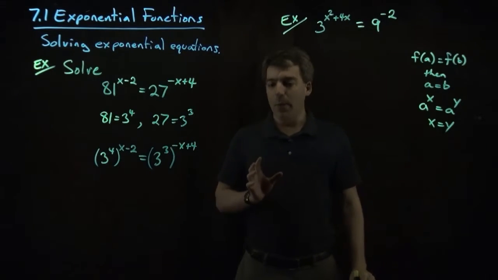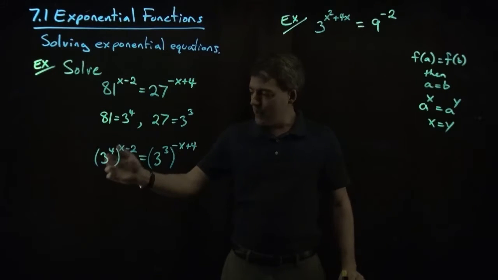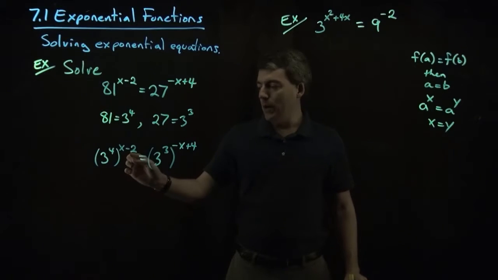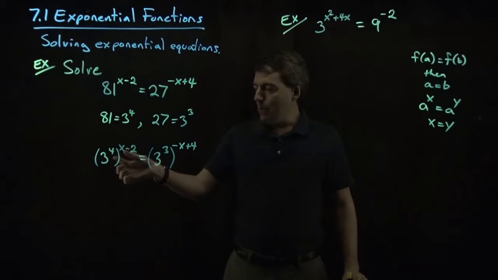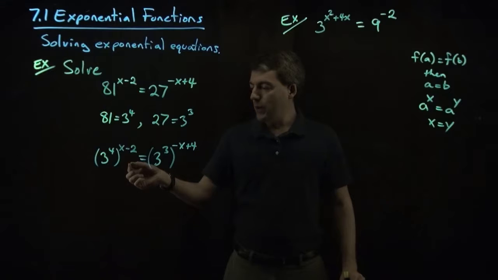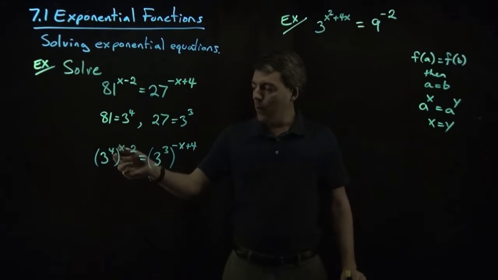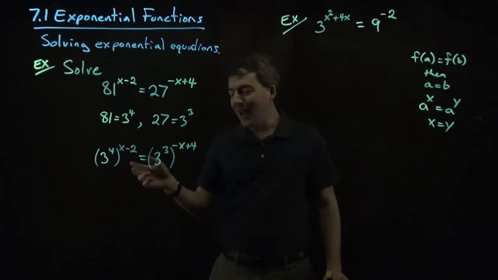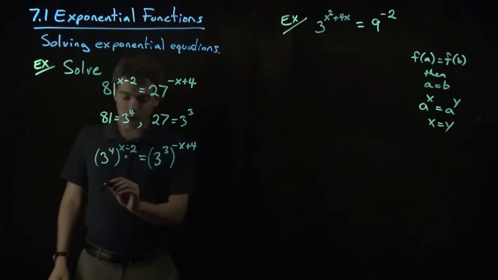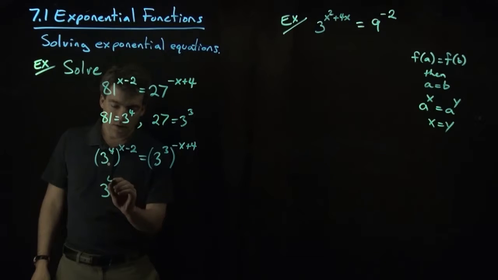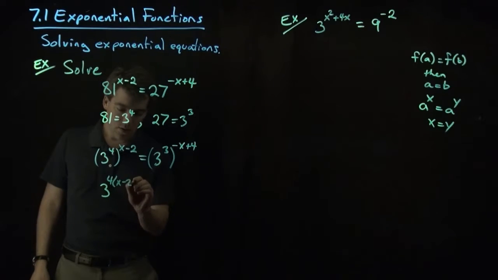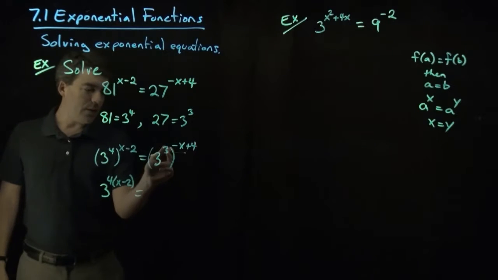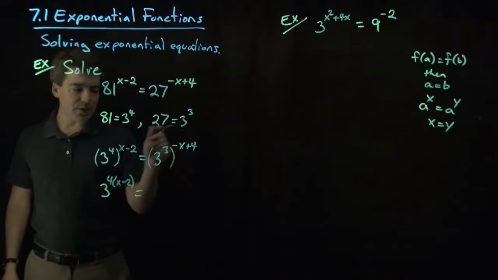All right, now we can use a property of exponents. If we have a base, we raise it to a power, then we raise that to a power, we can simplify that by multiplying the exponents. So 3 to the 4th raised to the x minus 2 is going to be equal to 3 to the 4 times x minus 2 power. And similarly here we have 3 to the 3rd raised to the negative x plus 4.